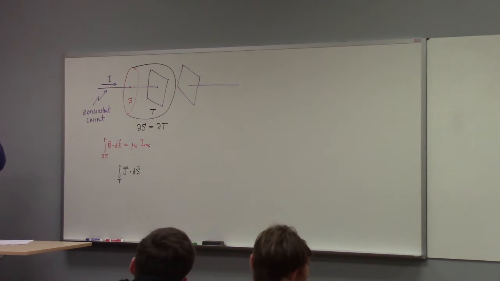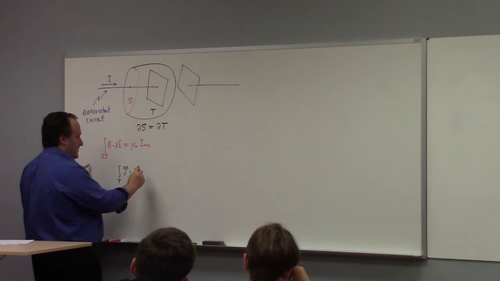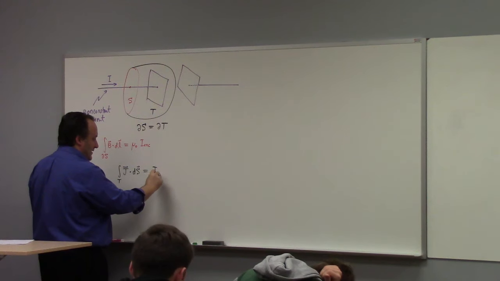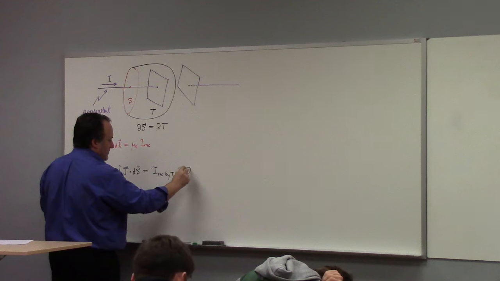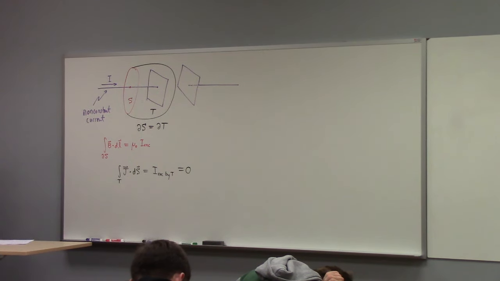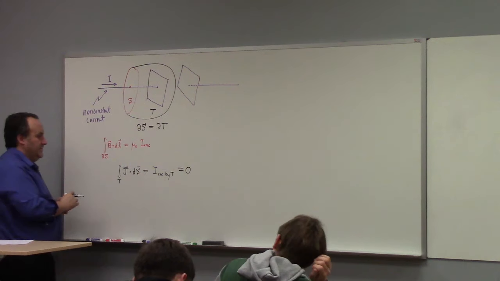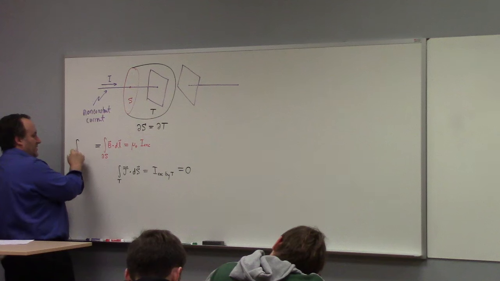So what's the charge per unit area per time flowing there? What's the current density? Well, it's nothing, right? So this, which is by definition the current enclosed by T, is 0, right? Yet this is of course equal to the integral over the boundary of T of B dot dl, right?